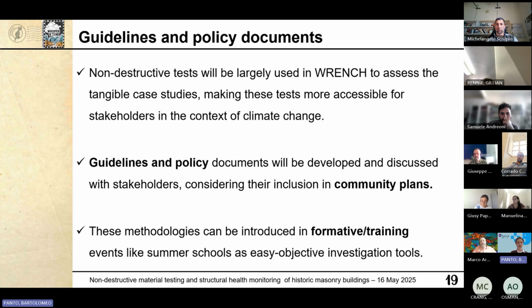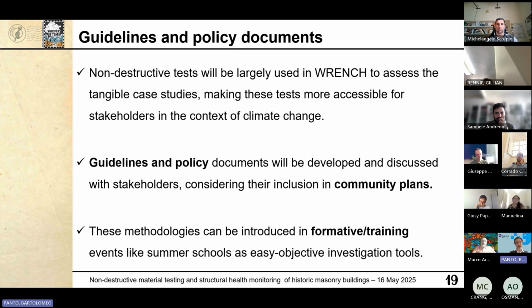The idea is to make these tests visible, in the sense that it's not very common in engineering practice, even for engineers, to have knowledge about these tests and how to use them in order to get reliable data.